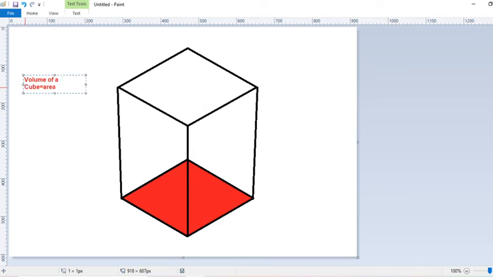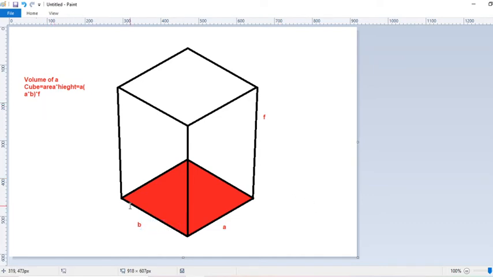Volume is equal to A into B into F. This is the y-axis, that is the height. This is the x-axis, that length is A. This is the y-axis, length is B. So what is the volume?